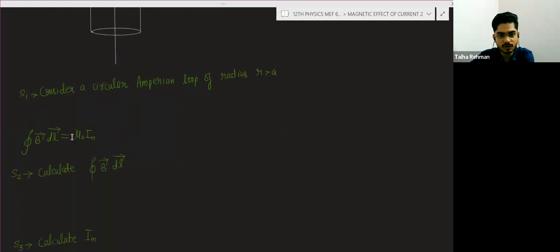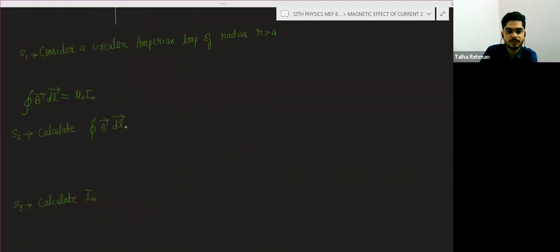Now we have Ampere's circuital law: B dot dl is equal to mu naught into current inside. Now we will calculate B dot dl. So we will write B into dl into cos theta.